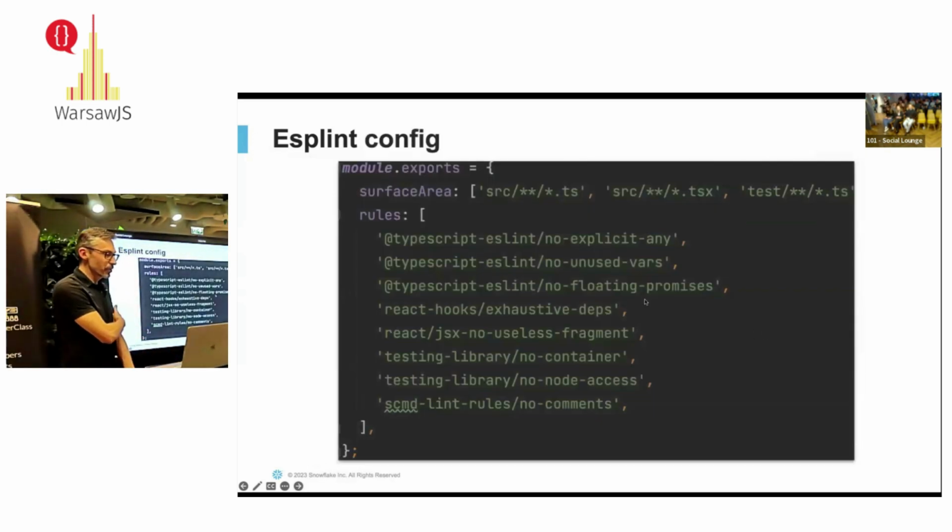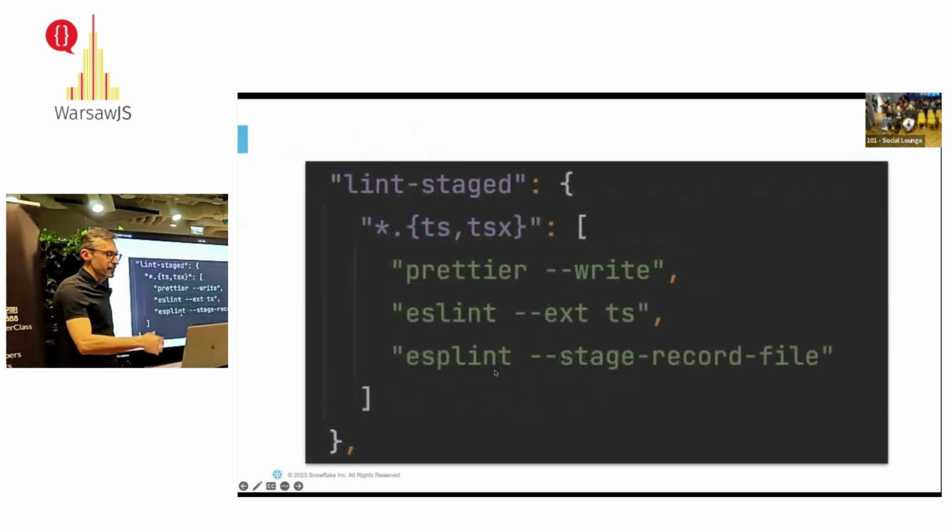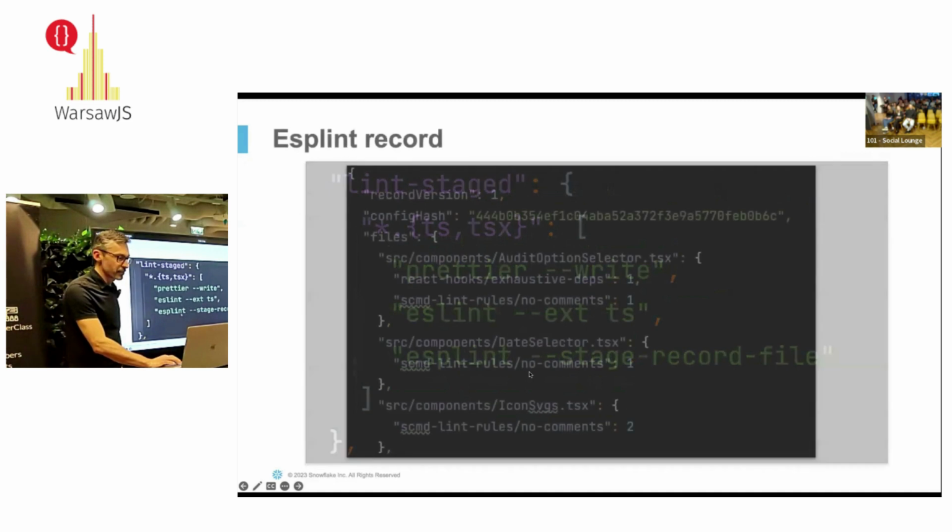This is an example config. You just put what kind of rules you want it to observe, to measure. You have to put all of them that already exist in your project. And you can then add it to your pipeline to run, to update the state record file every time it is run.